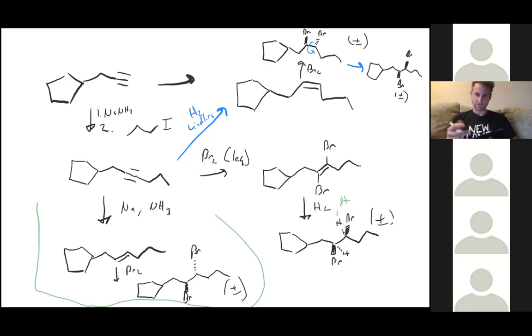Because we're flipping it 180 degrees, anything that is a dash becomes a wedge. So when you do this reduction with Lindlar's, you end up with just the wrong diastereomer. We have to make a trans double bond in order to get the right configuration we need down here in order to make this product, or else you end up with the same thing we had over on this H2 pathway, where they end up looking syn to each other. Does that make sense?